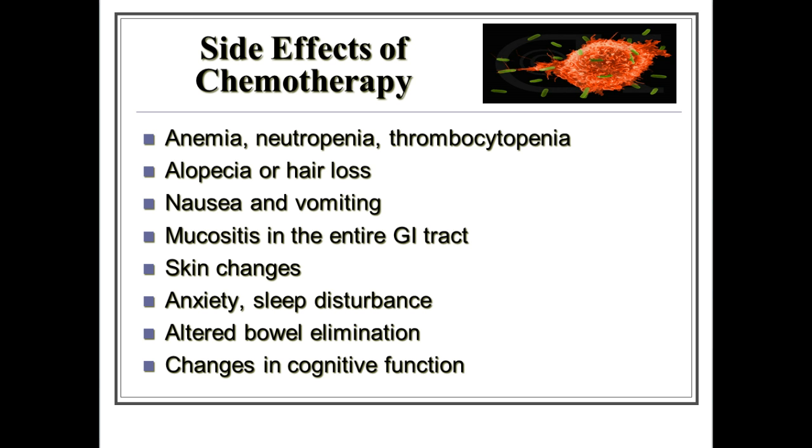And you want to make sure that you focus on the patient being able to tolerate different foods. A lot of times they give them like Zofran and different things like that to calm them down.